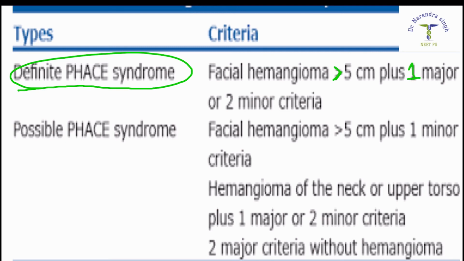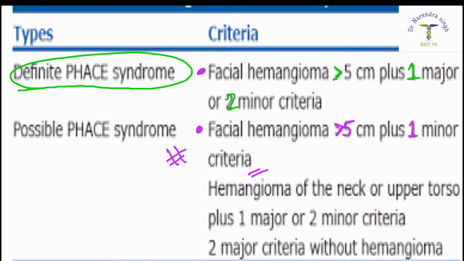Second, Phace syndrome should be suspected if there is a facial hemangioma of greater than 5 cm plus 1 minor criterion. From this we find that facial hemangioma is the most important component of Phace syndrome.